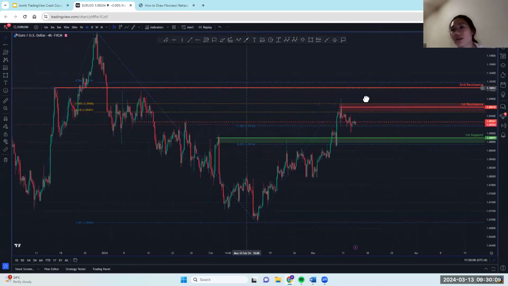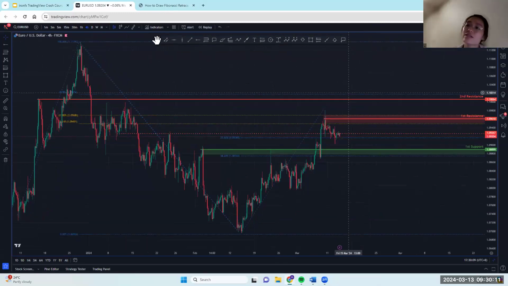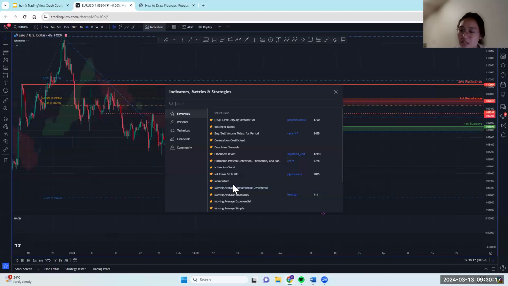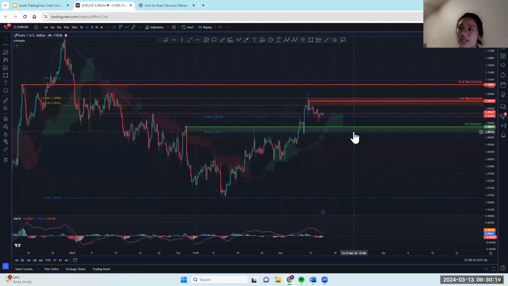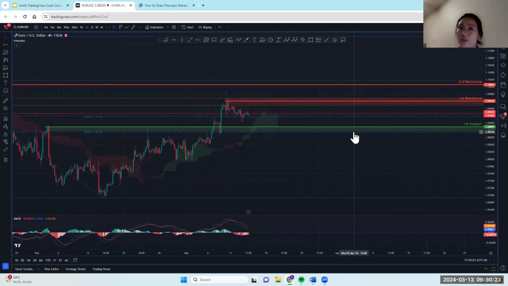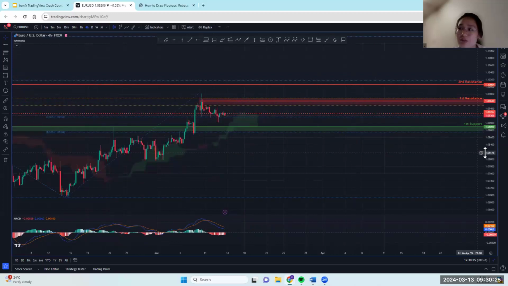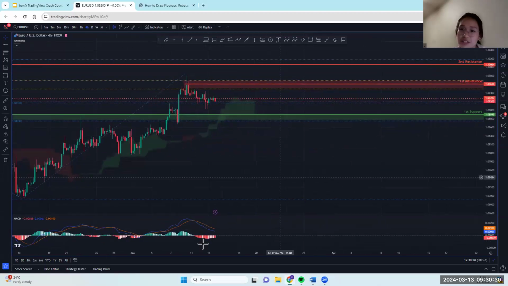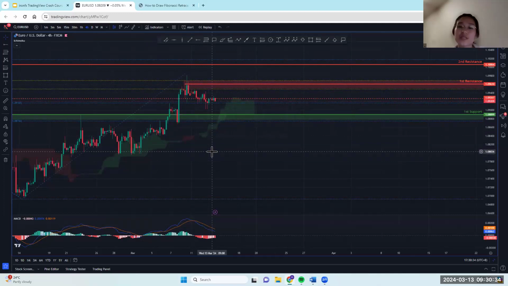Okay, so now the next step is to click on our indicators and look for indicators that support our analysis. So starting off with Ichimoku and MACD, because at one glance you can see exactly what the signals are. On our MACD, it's giving us a bearish signal, but on our Ichimoku, it's giving us a bullish signal here.